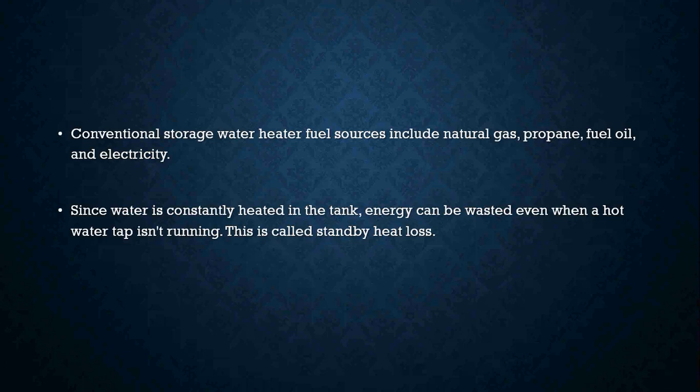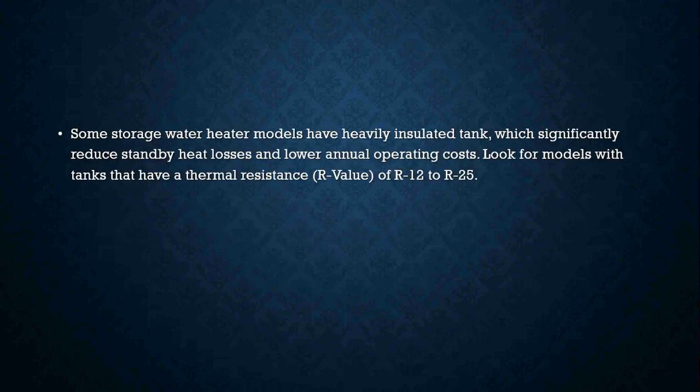Those pipes are going to lose some of their heat. And when that pipe loses that heat, the water heater is now going to have to turn back on and add that heat back into those pipes. So to minimize that, the trick is to insulate those pipes to create a barrier.